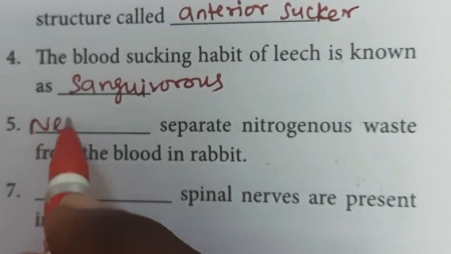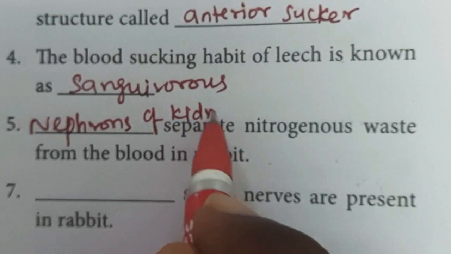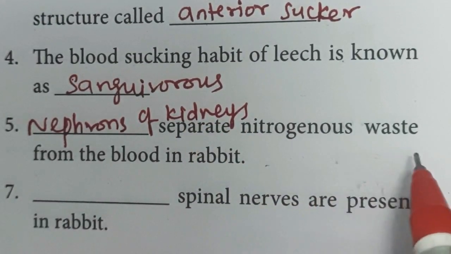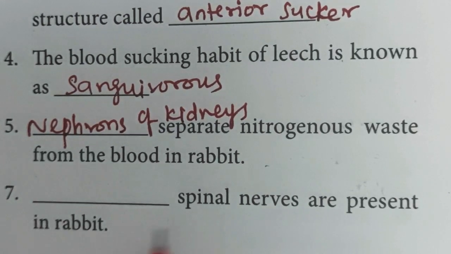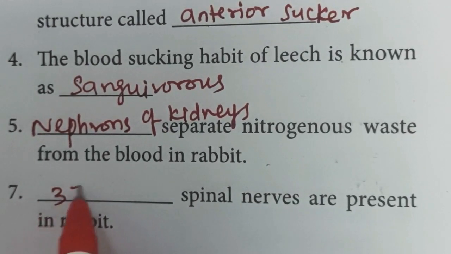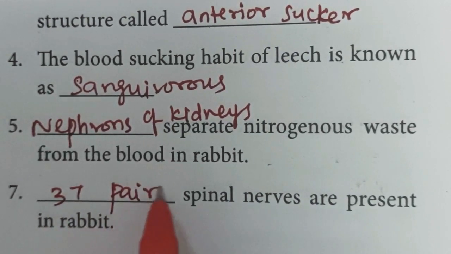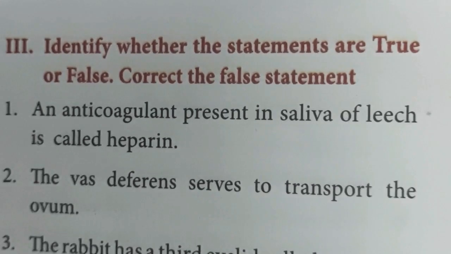Nephron of kidneys. So nephrons of kidneys separate nitrogenous waste from the blood in rabbit. Seventh one, dash spinal nerves are present in rabbit. 37 pairs.